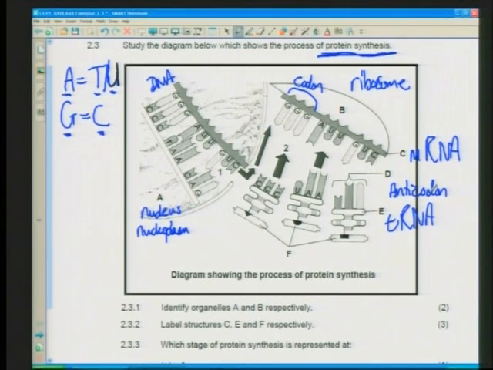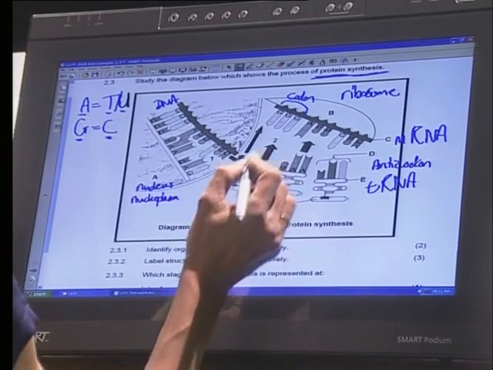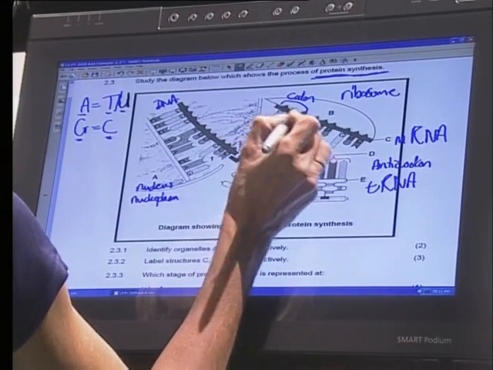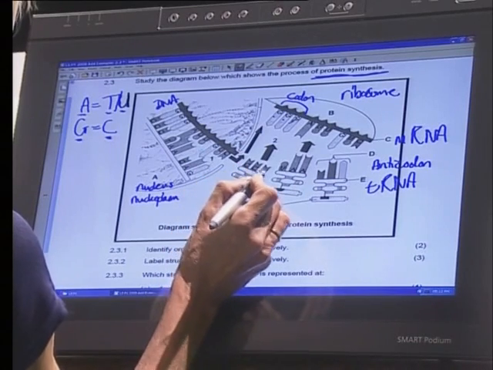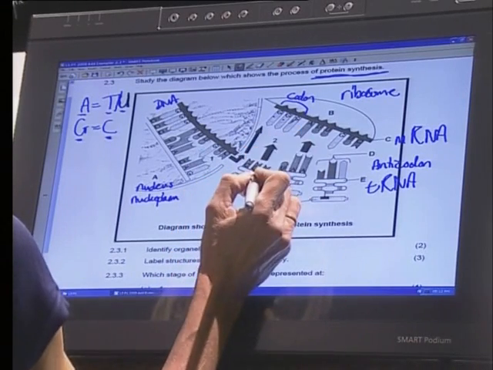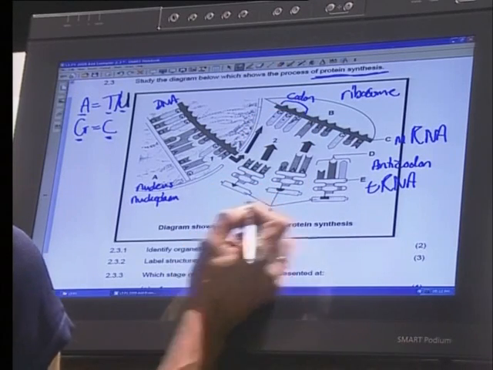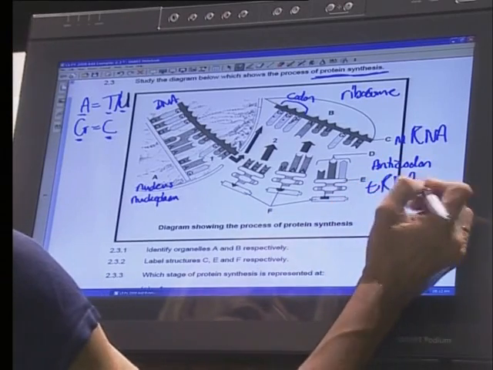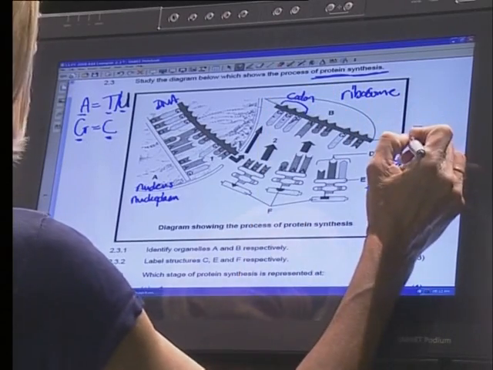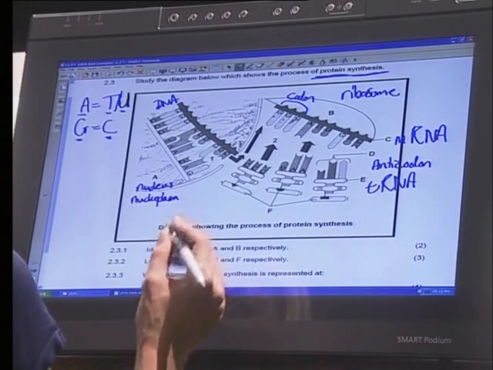In other words, it is the opposite of your codon. If you look here, this codon is GGG, and this one is CCC. It's the opposite. So that's the codon, and this is the anticodon. The anticodon sits on the transfer RNA, and your codon sits on your messenger RNA. Okay, Janine? Yes. All right.